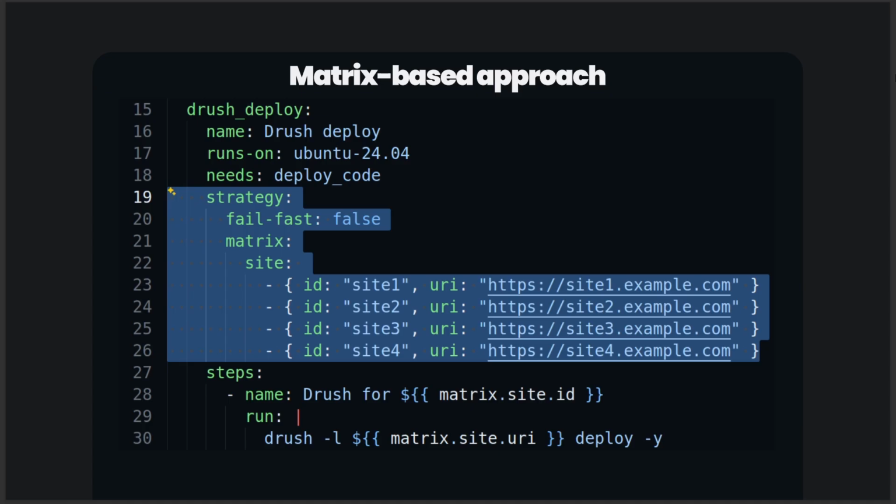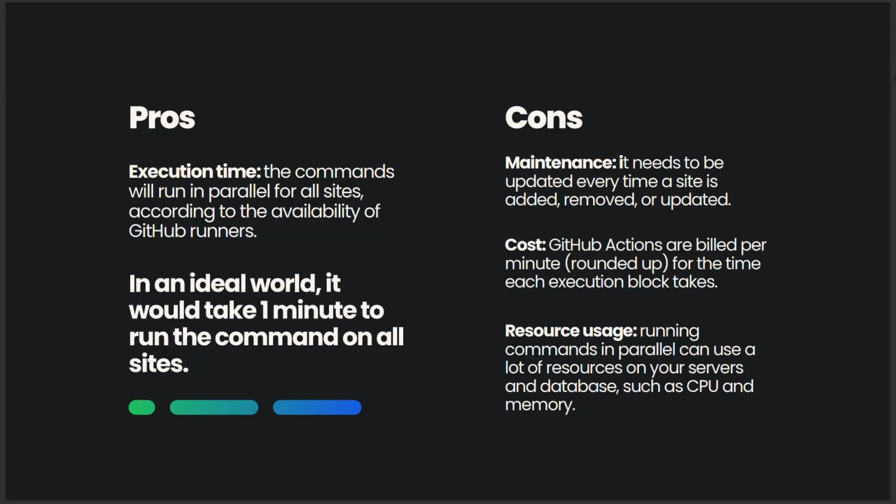Obviously, this is a completely ideal world scenario. It will never happen. You might have to wait a few minutes before all the runners pick all the jobs that GitHub created. But anyway, you'll still be a lot faster than 10 hours. Give it like 10 minutes or something like that, which is very good.